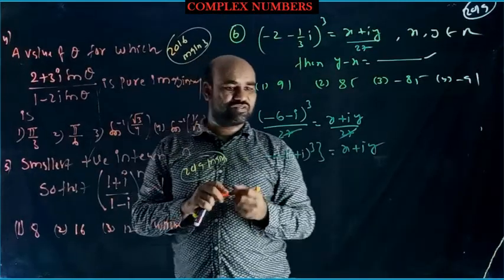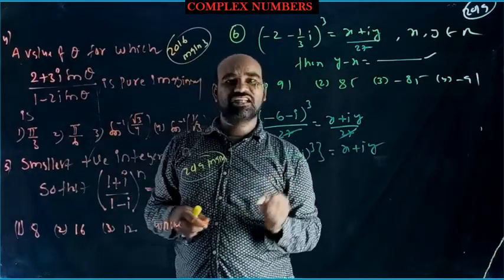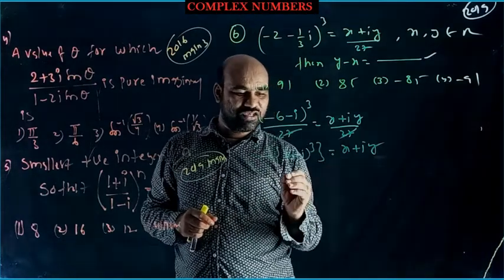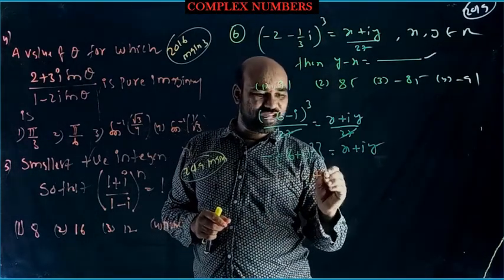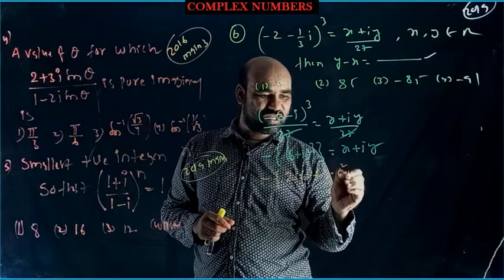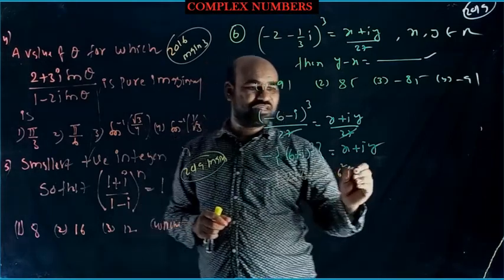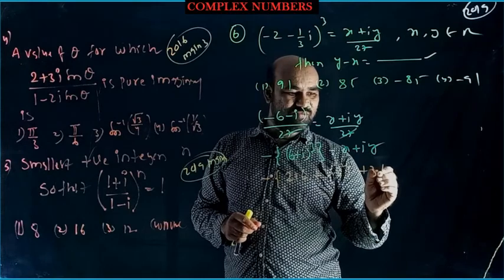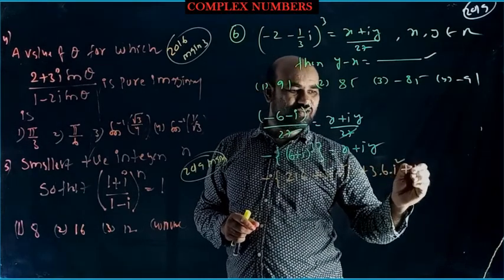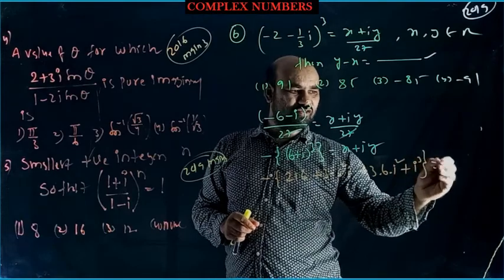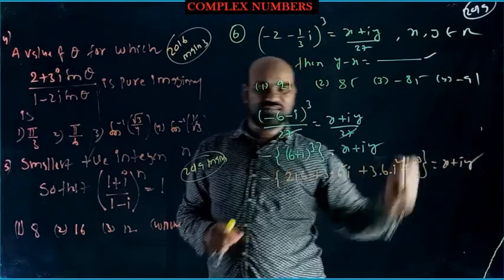Using a plus b whole cube: a cube, 216, plus 3a square b, plus 3ab square iota square, plus b cube iota cube, equals x plus iota y.